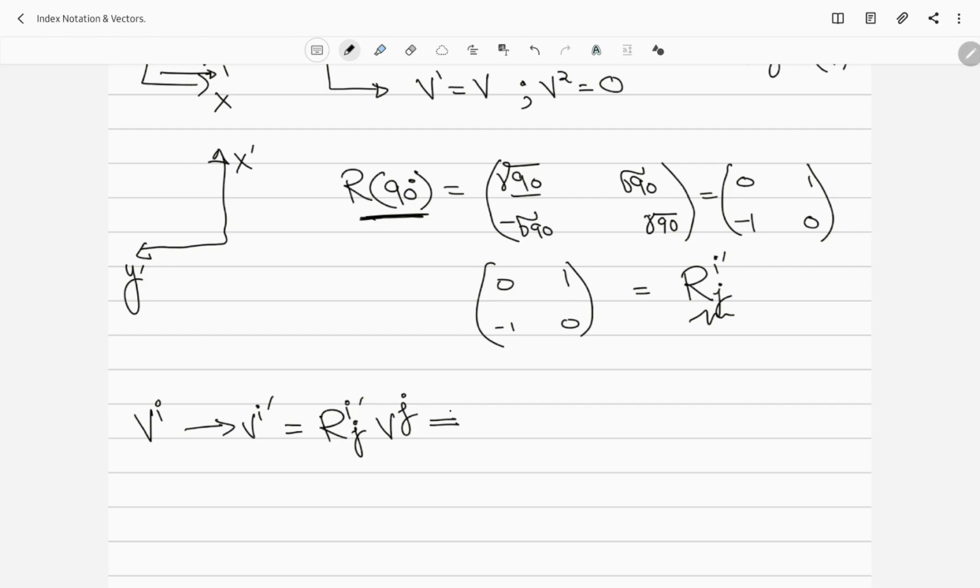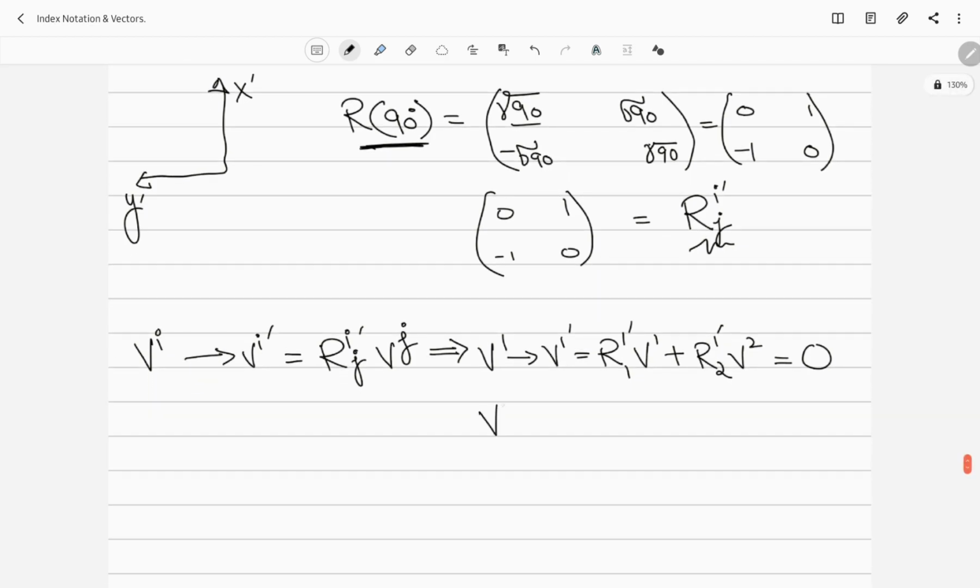And this implies that your v1 transforms as v1 prime, which is equal to, summing over the repeated indices, R 1 prime 1 v1 plus R 1 prime 2 v2. This thing is 0.